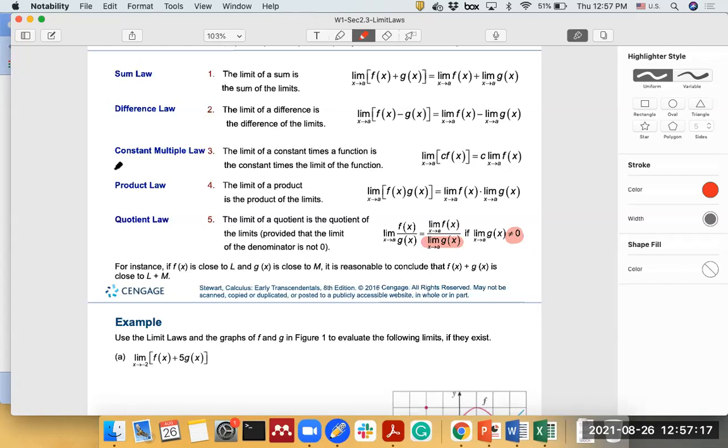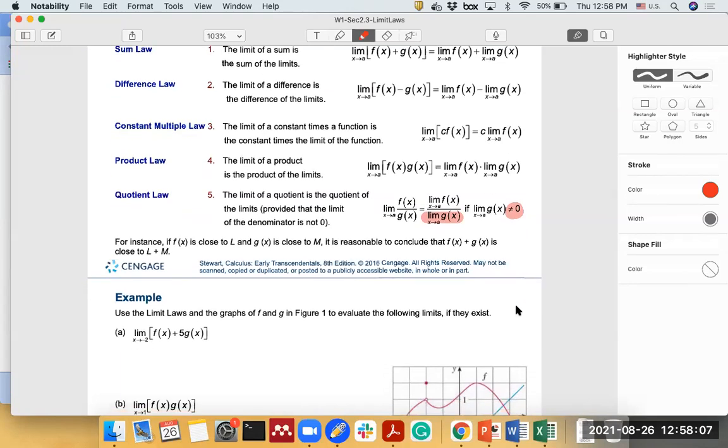Try to apply the law and indicate which law you use. Okay? You ready?